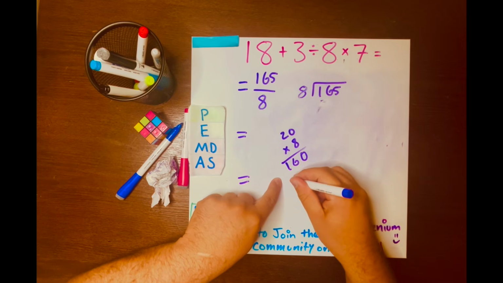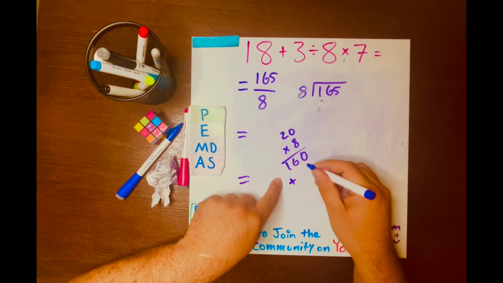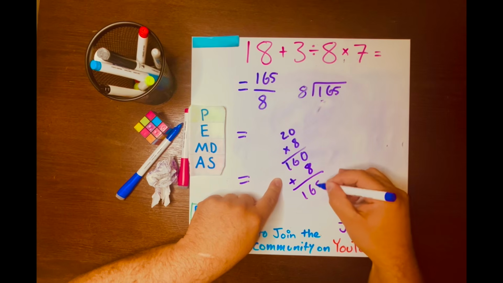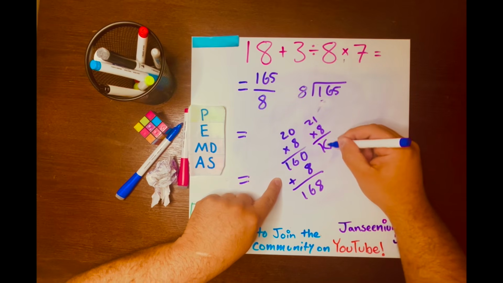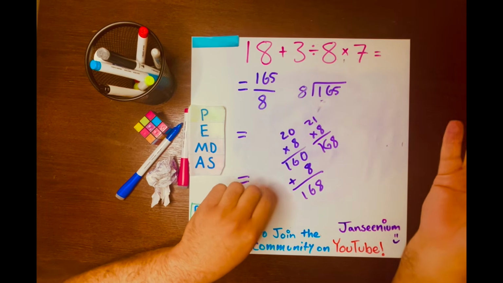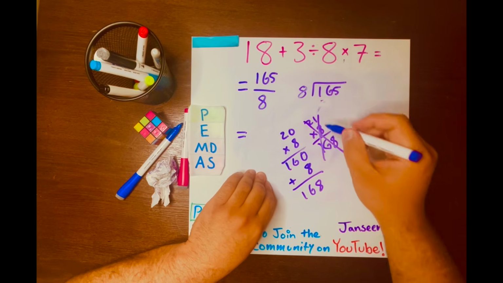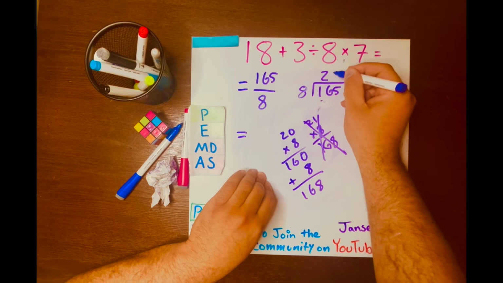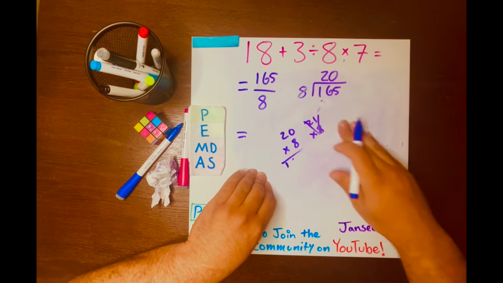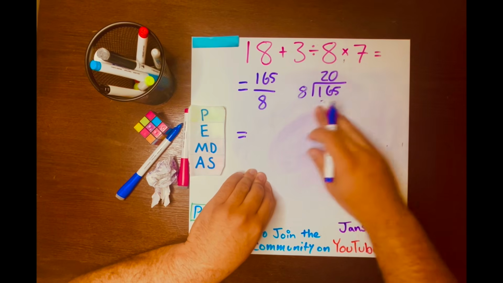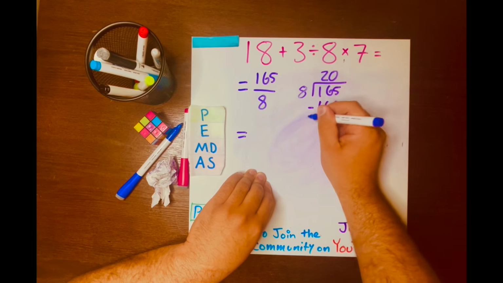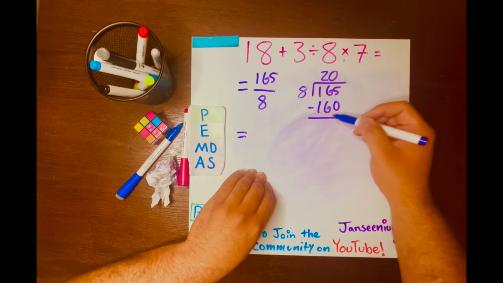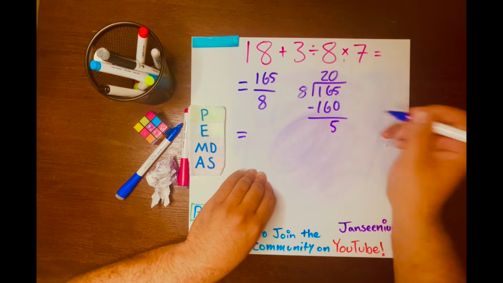Well, if we add another 8, that would be 168, or 21 times 8 is 168. That goes above 165. So no, we cannot use 21. So 20 it is. So 20 times 8 is 160. And then I subtract 165 minus 160, that's 5.